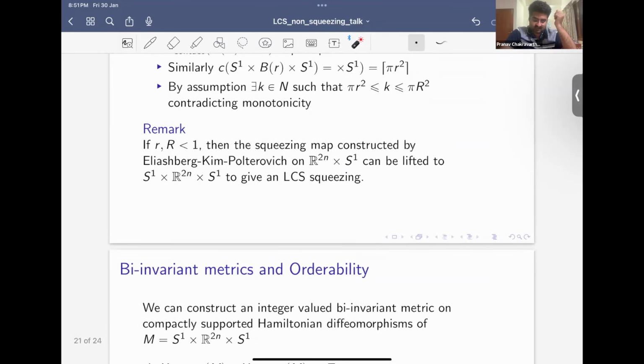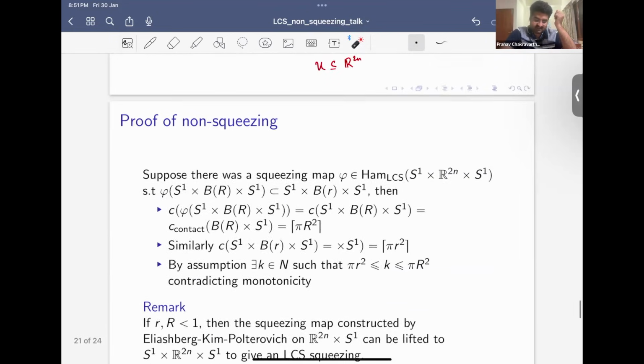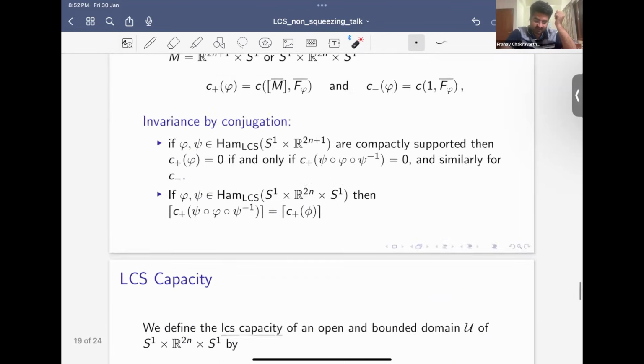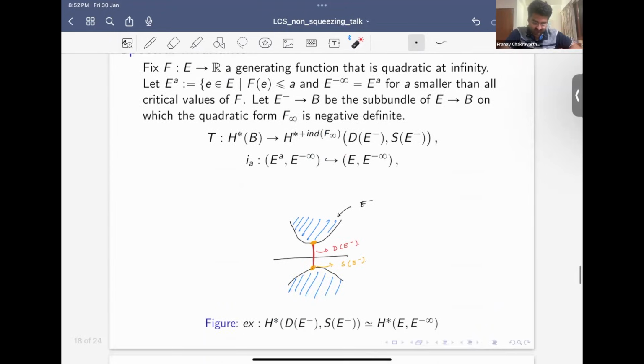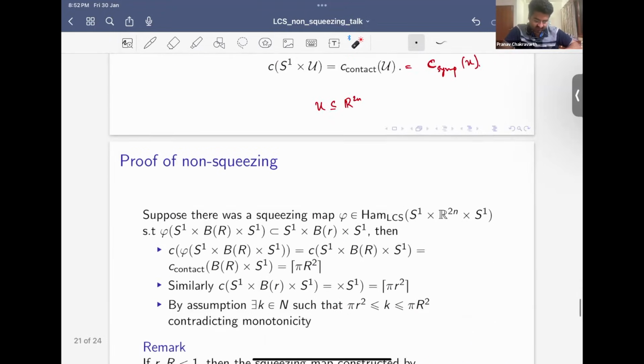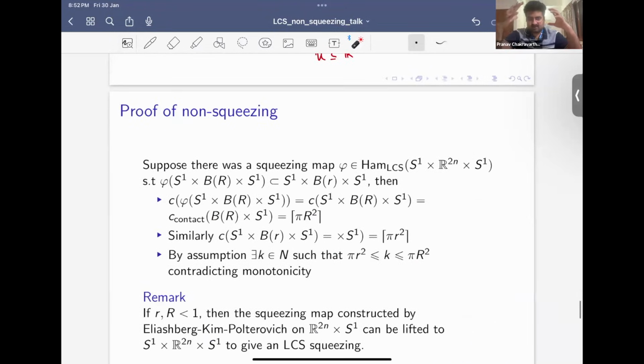The only such squeezing we know in the LCS case is via a non-Hamiltonian flow, namely the Liouville flow. We don't know any Hamiltonian flow that squeezes a bigger ball into a smaller ball in a Darboux neighborhood for LCS manifolds. So their proof doesn't go through.